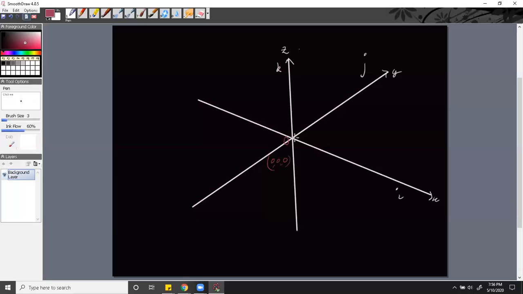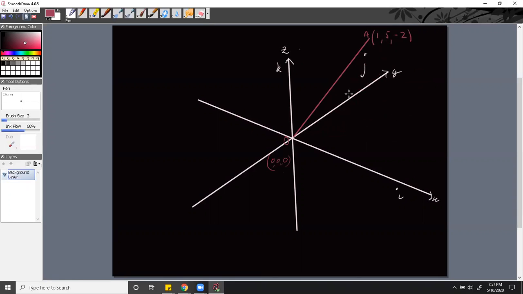Now say that you've got a point coming out into 3D space. So x and y are flat on the floor, but this point here is coming out into 3D space. Okay, so we're going to call that one point A, and it's going to have the coordinates 1, 5, minus 2.